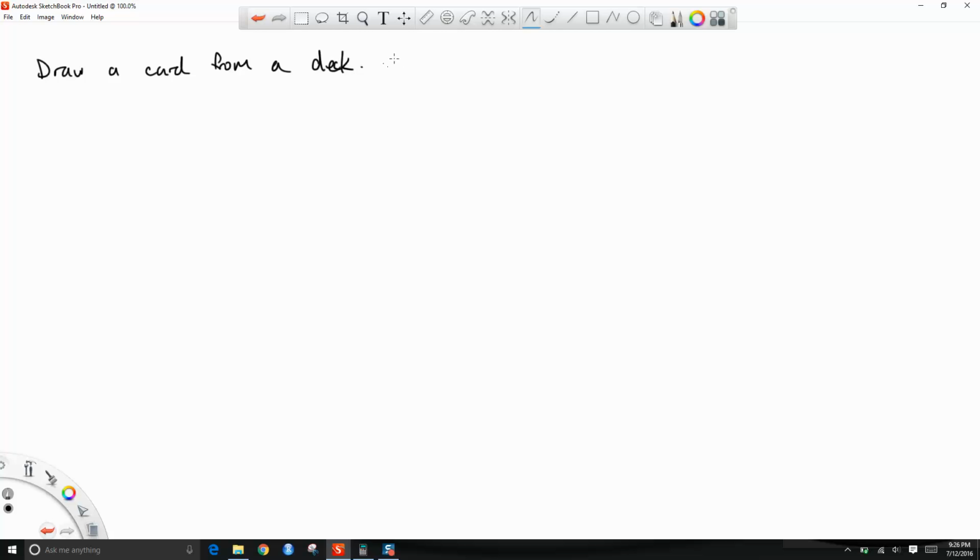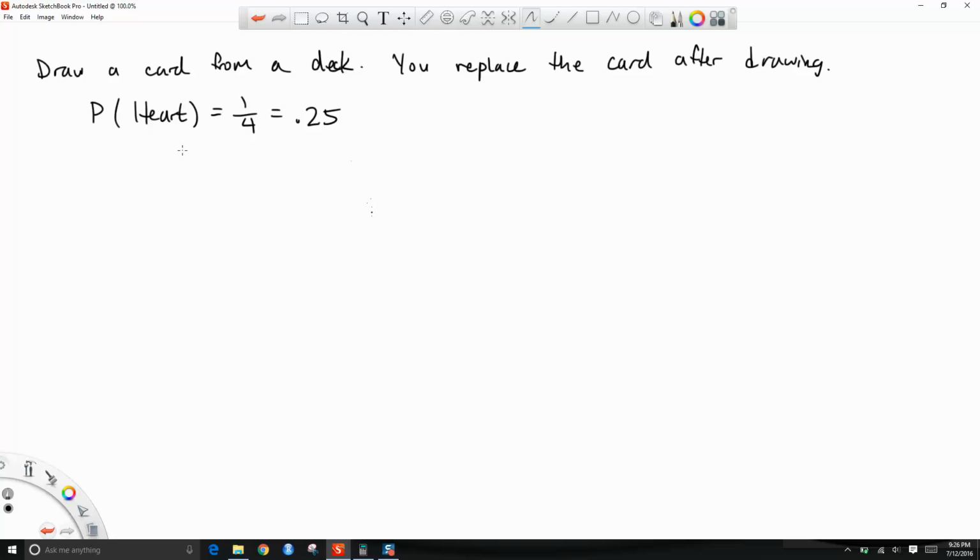Okay, and then you replace the card so that every time you draw, it has the same probability. So we'll say the probability of drawing a heart is 1 in 4, or 0.25.